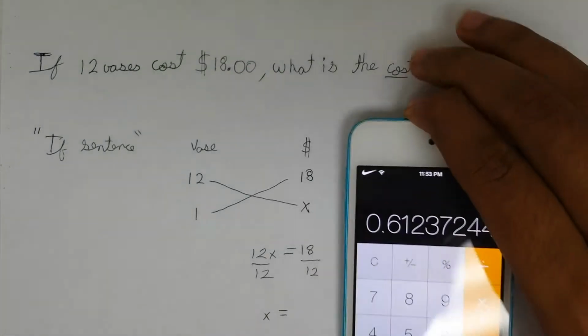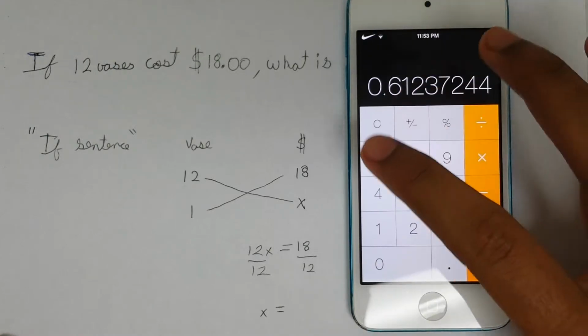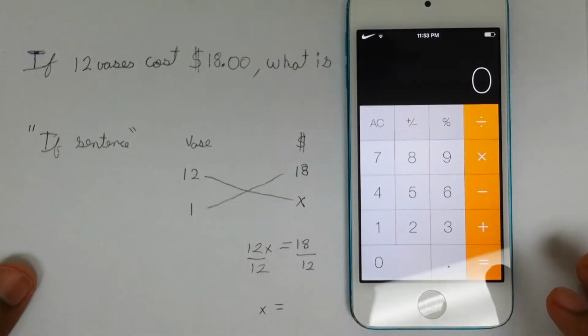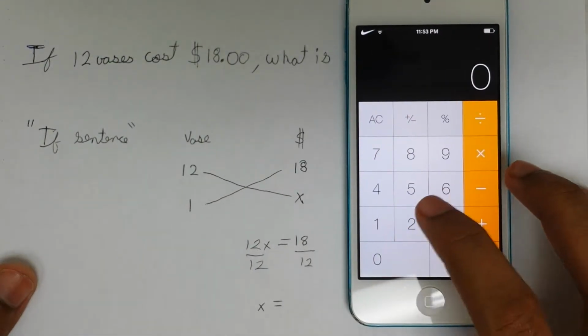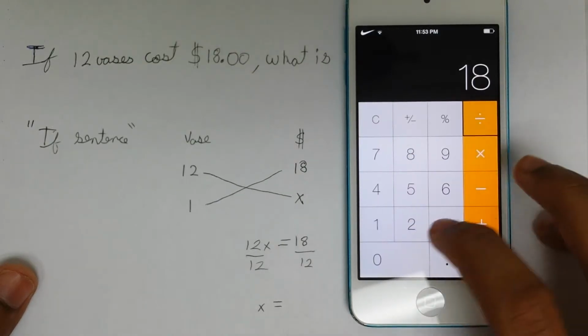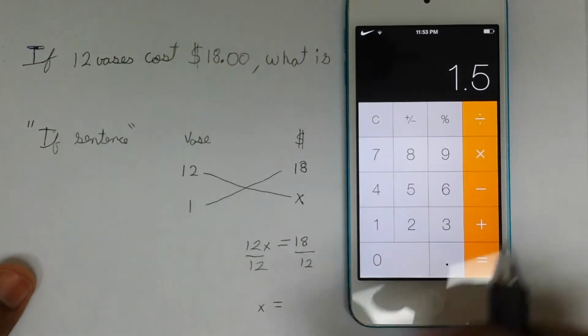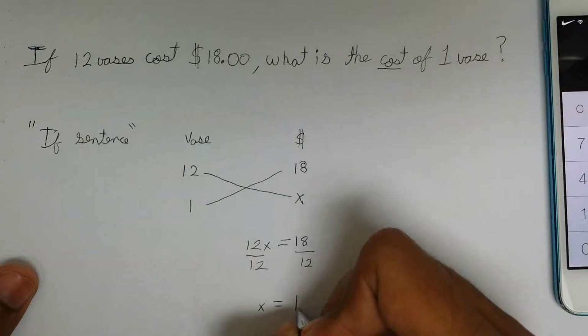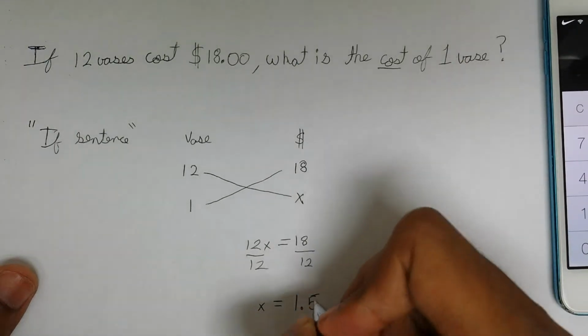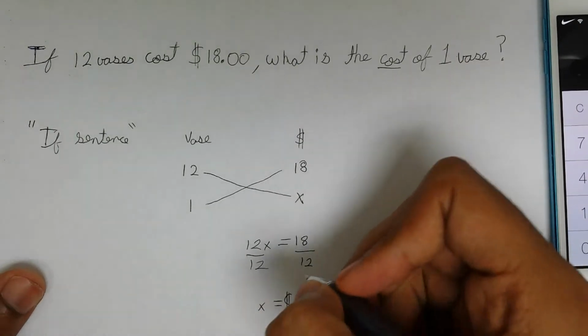Let's take our little calculator. 18 divided by 12 is 1.5. That would be our answer. $1.5, of course. Don't forget the units.